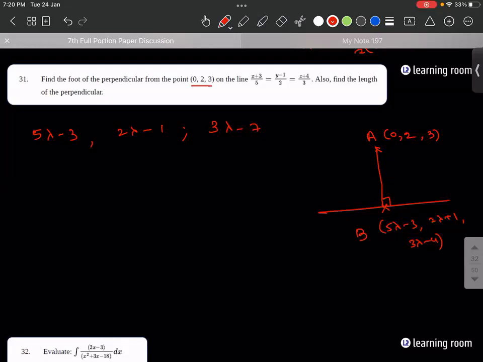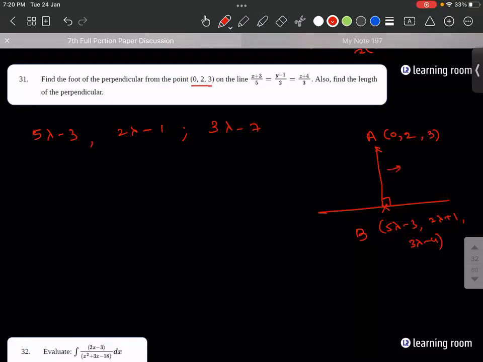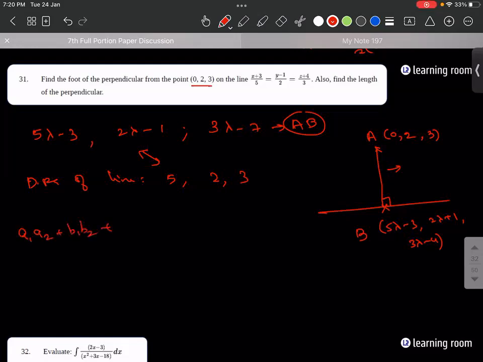And 0, 2, 3. So this is the direction ratio of AB. What about the direction ratios of the line? DRs of line is how much? 5, 2, 3. How are these two DRs? They are under the condition a1a2 plus b1b2 plus c1c2 is 0.